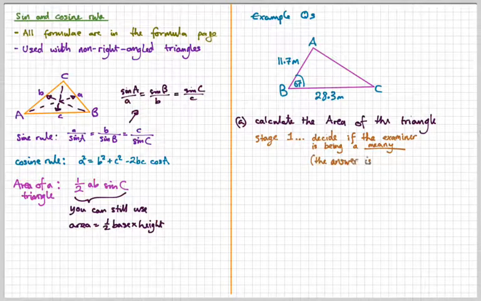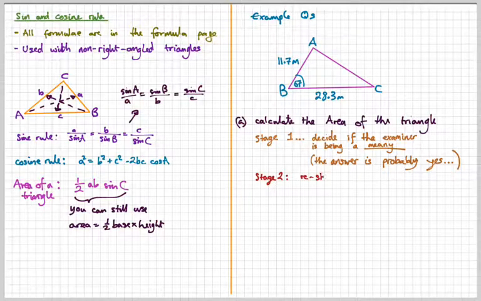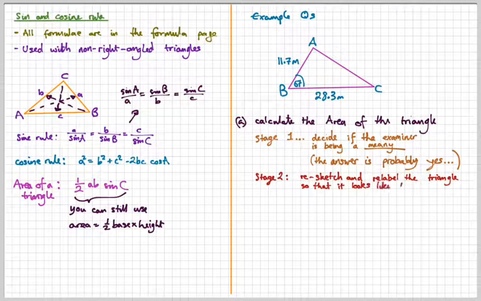Next, having decided whether they're being mean or not, and if they have the letters A, B, and C, they probably are, what we need to do is re-sketch and/or relabel the triangle so that it looks like the formula we want.